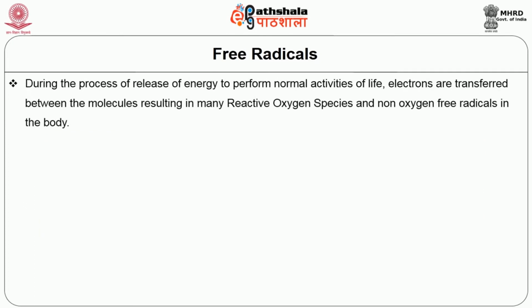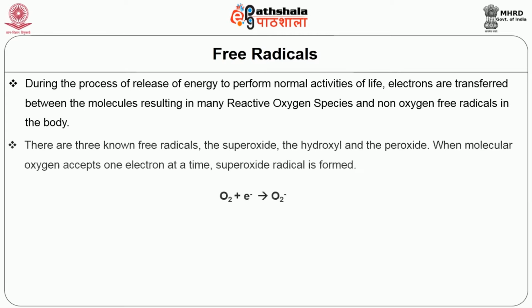During the process of release of energy to perform normal activities of life, electrons are transferred between the molecules, resulting in many reactive oxygen species and non-oxygen free radicals in the body. There are three known free radicals: the superoxide, the hydroxyl and the peroxide. When molecular oxygen accepts one electron at a time, superoxide radical is formed.